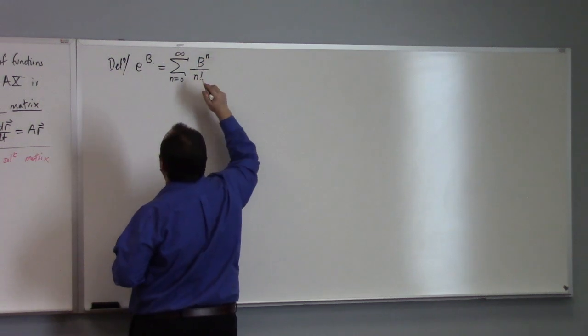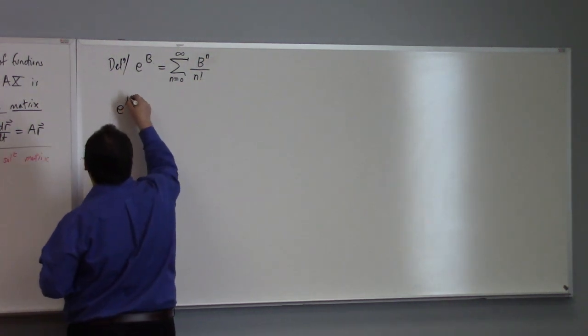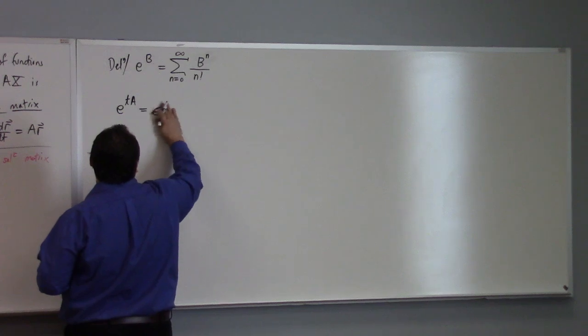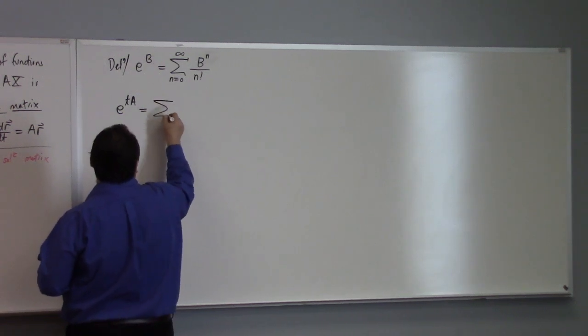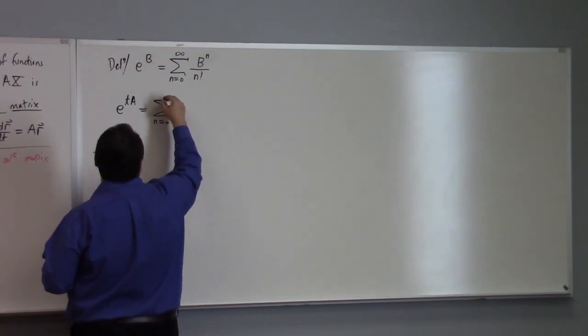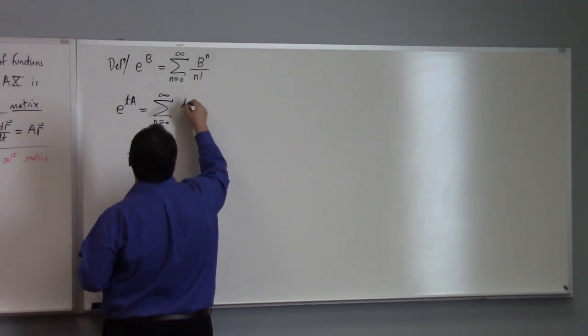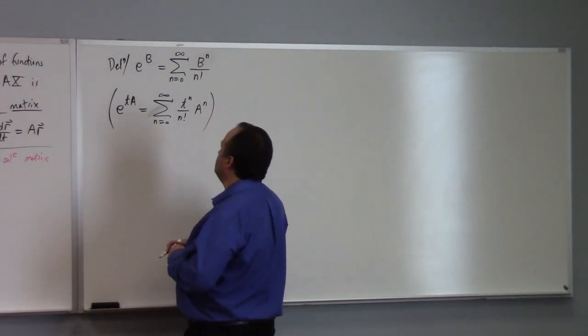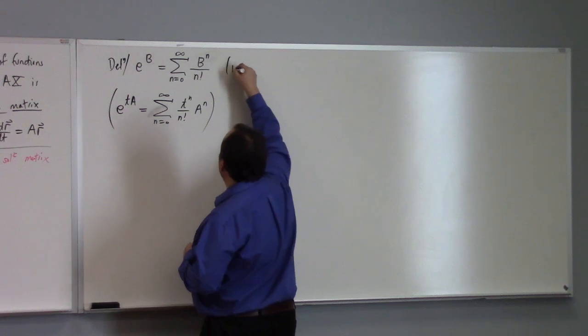All right. So if I put e to the TA, that is going to be equal to the sum n equals 0 to infinity of t to the n over n factorial times A to the n, for example. This is the so-called matrix exponential.